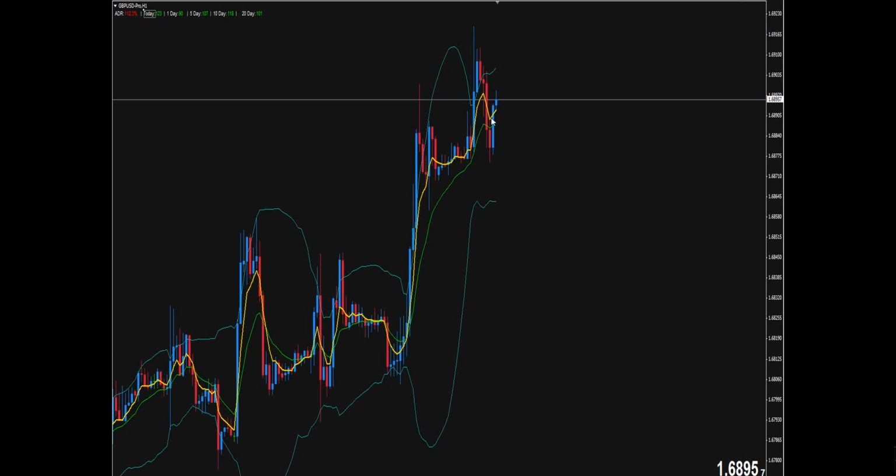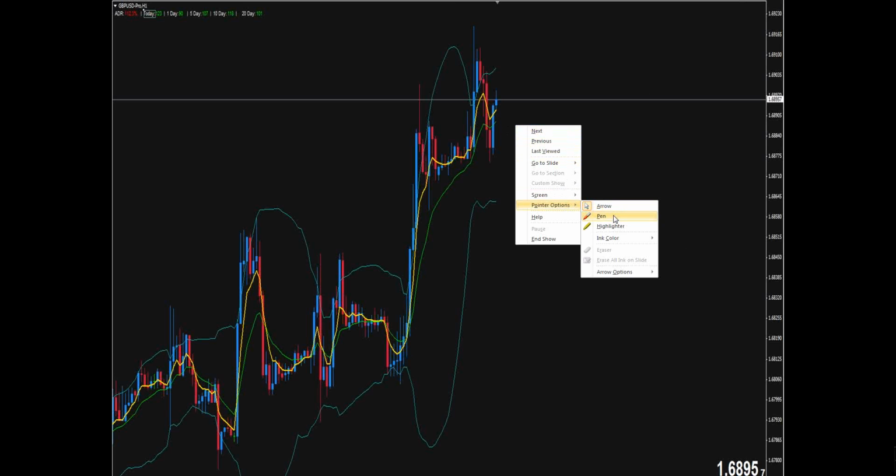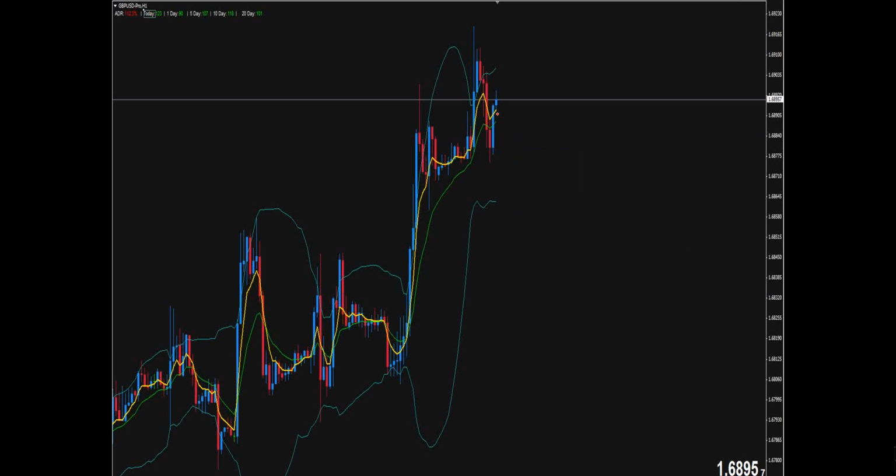In this system, usually if the price pulls back to this region, it would need another pullback to the other side, and then the possible entry would be something around this region.